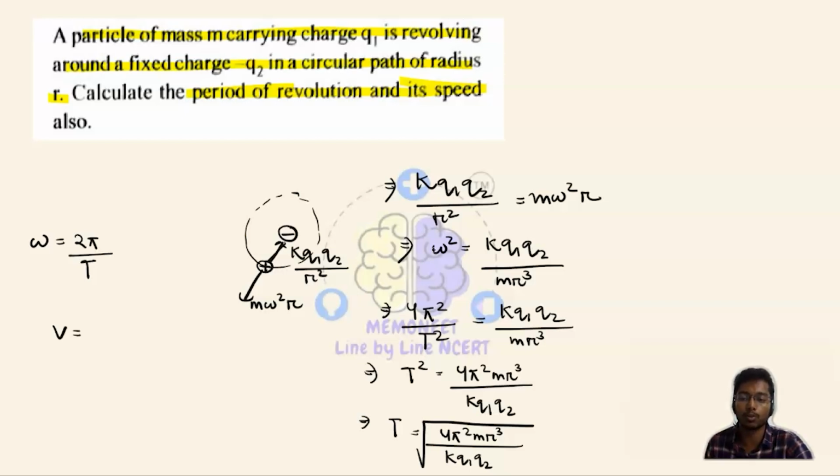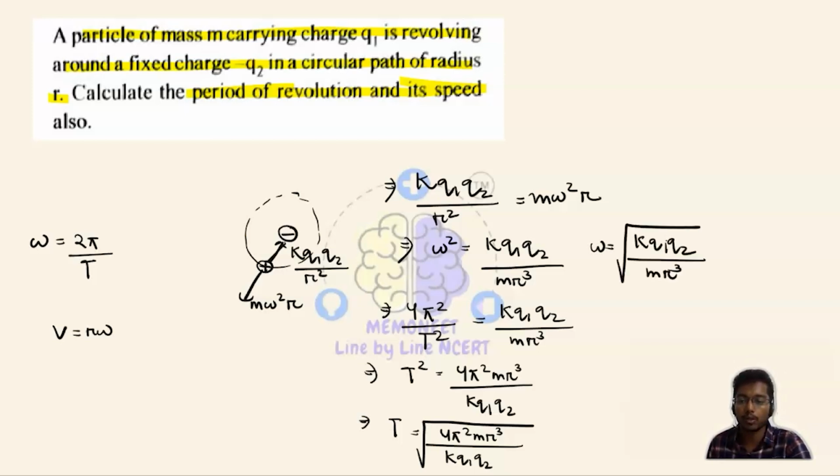v is equal to r into omega. Okay, r into omega. So omega we have found, that is the value of omega square. So if we find out the value of omega here, it is the square root of K Q1 into Q2 upon m r cube.